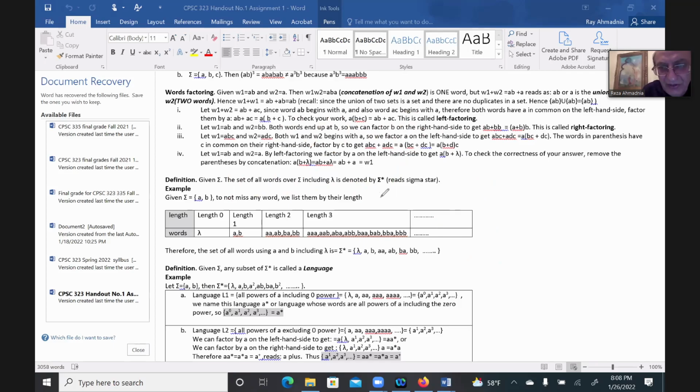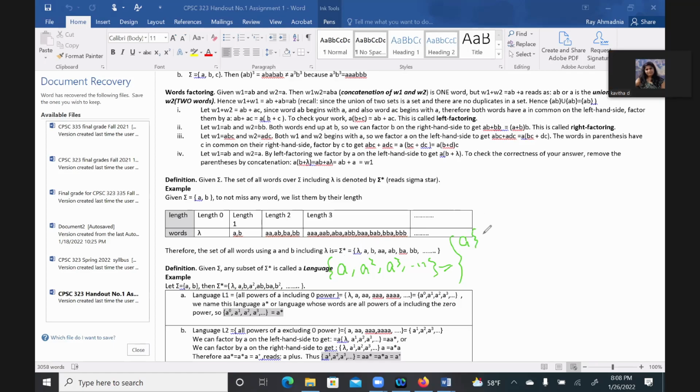Let me write it here. The language is A squared, A cubed, and so on. All these words have A in common on the left-hand side. So I can factor by A. If I factor by A, what is the first one?